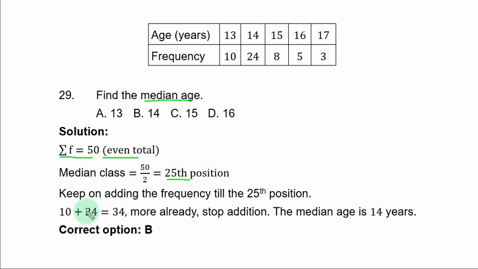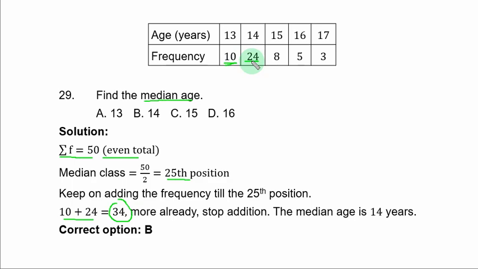You start by adding 10 plus 24, which is 34. That is already more than 25. So where 25 is located is not 10 but 24, because you've added the 24 now. The age against that frequency is 14.